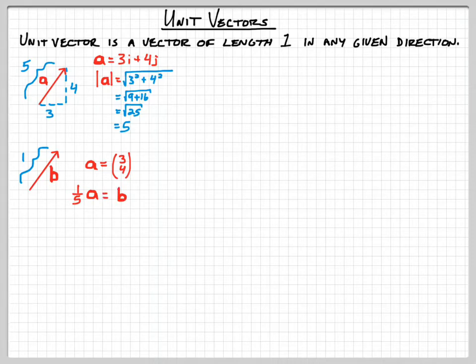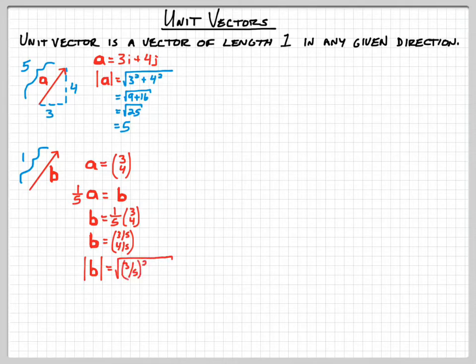And let's see how that works out mathematically. So if B is equal to 1/5 times 3 and 4, 3 for our x, 4 for our y, then we have B is equal to 3/5, 4/5, and when we find the magnitude of B, it's going to be the square root of 3/5 squared plus 4/5 squared, which is the square root of 9 over 25 plus 16 over 25.